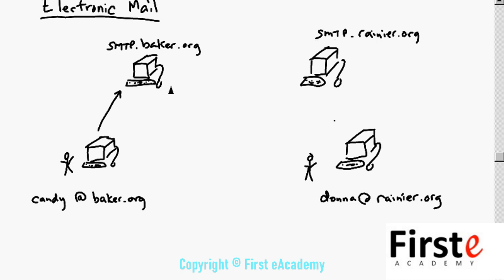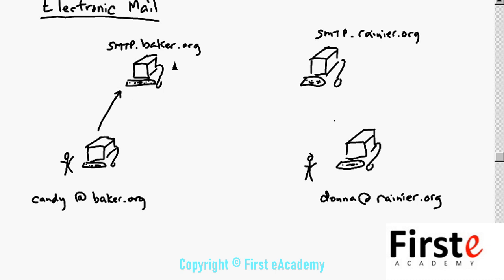Now the mail transfer agent on baker.org is responsible for this email message. The mail message that Candy sent is now queued, and the server here at baker.org has all sorts of other requests to take care of.